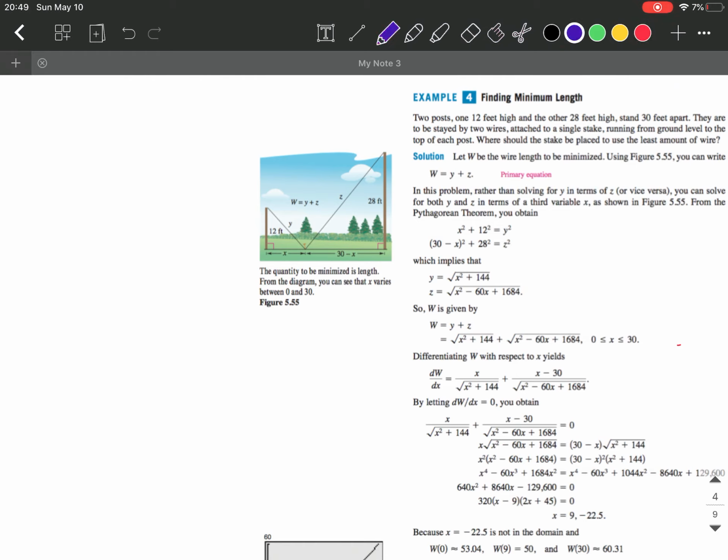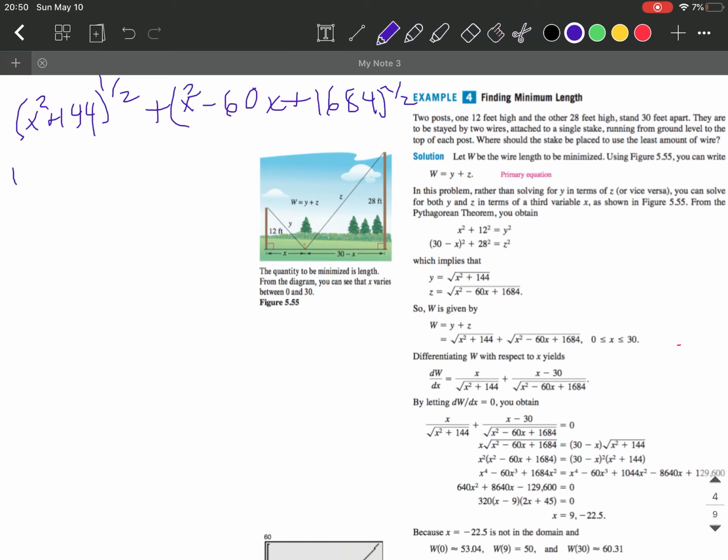You would do (x squared plus 144) to the 1/2 plus (x squared minus 60x plus 1684) to the 1/2.